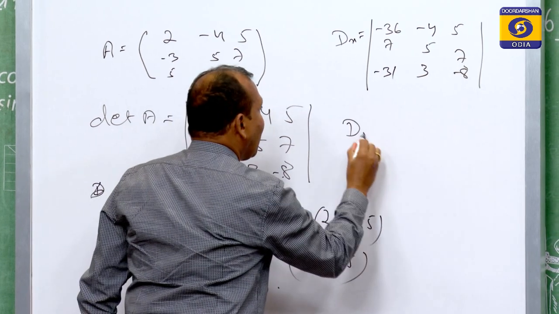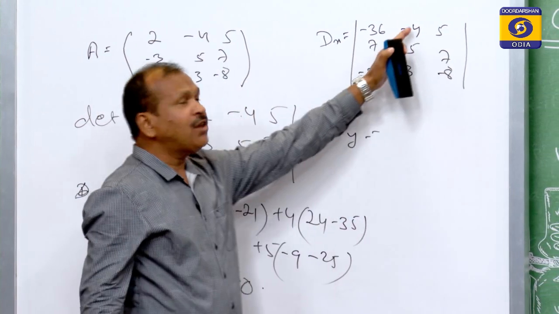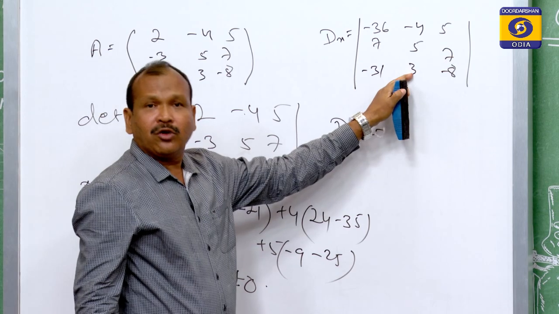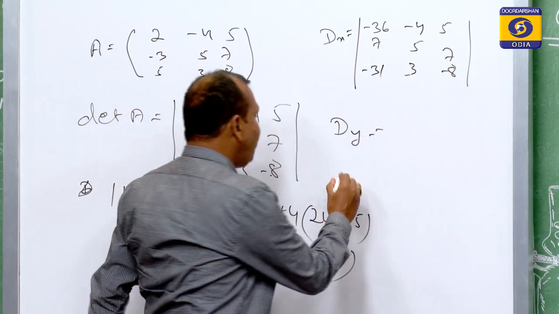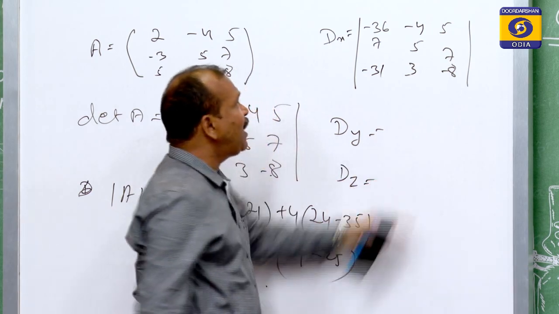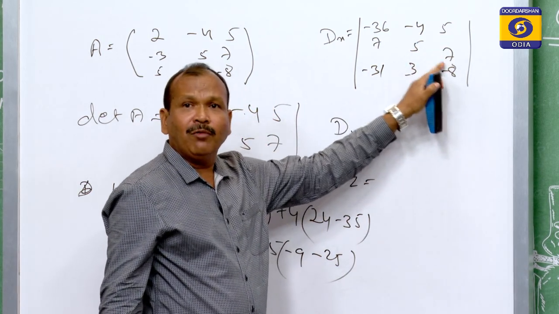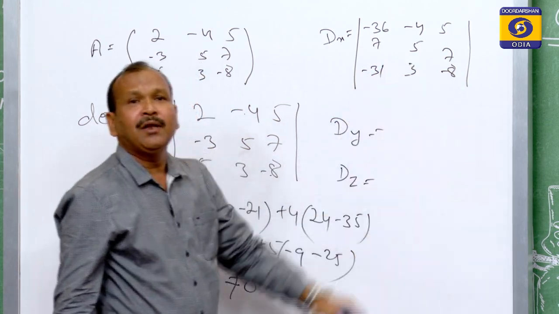Similarly, we can find dy by replacing the second column by the constants, and the first column and third column remain unchanged. Similarly, find dz by replacing the third column with the constants, and the first and second columns remain unchanged.